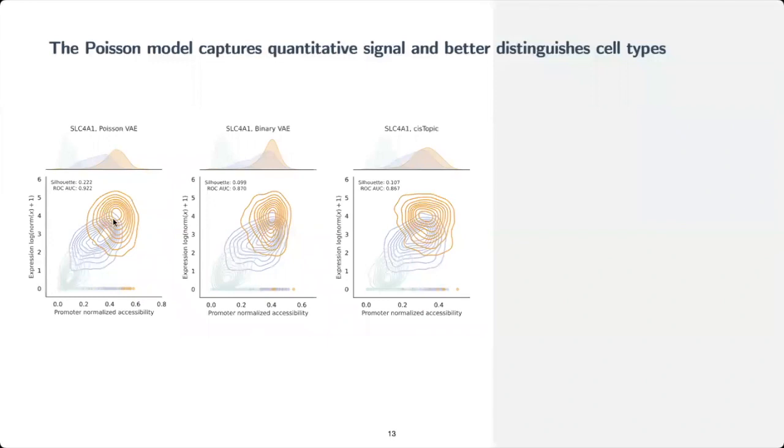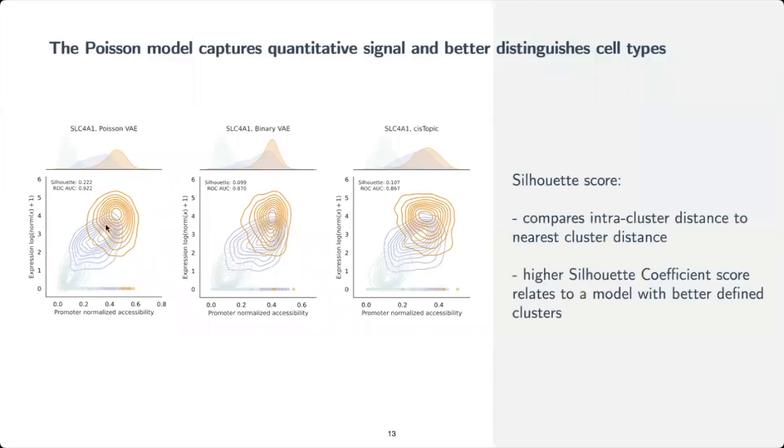Again, we see this correlation, but more importantly, we see that the Poisson model is better able to distinguish these three different cell types, or this lineage for this SLC4A1 gene compared to the two binary methods. And we measured this using the silhouette score, which basically is a measurement of how much do these distributions overlap.